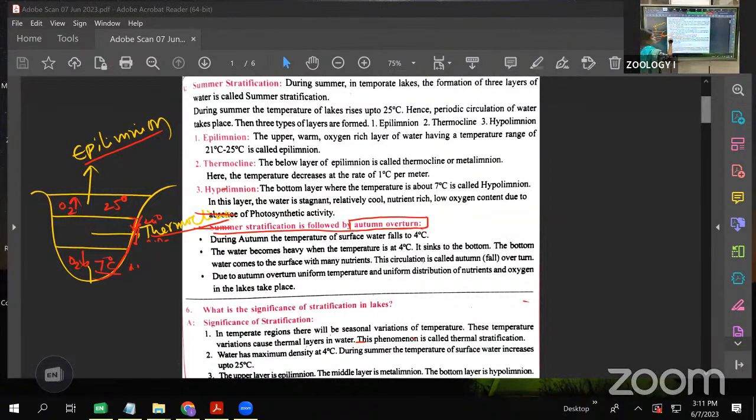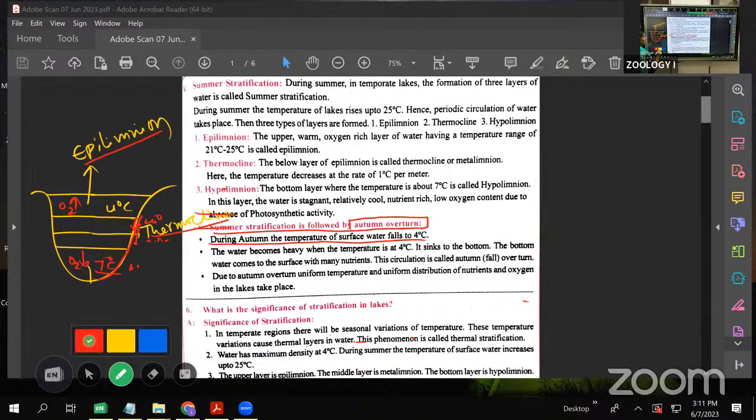See this one. During the autumn overturn, the temperature of the surface water, which was 25 degrees centigrade in the summer season, becomes 4 degrees centigrade. In autumn, the upper layer becomes 4 degrees centigrade.